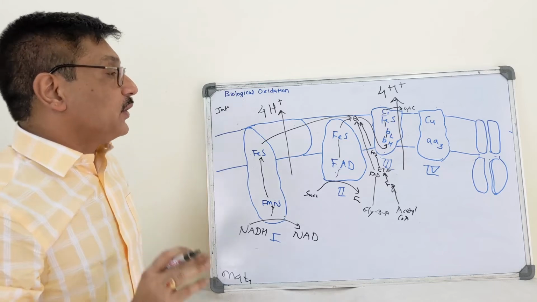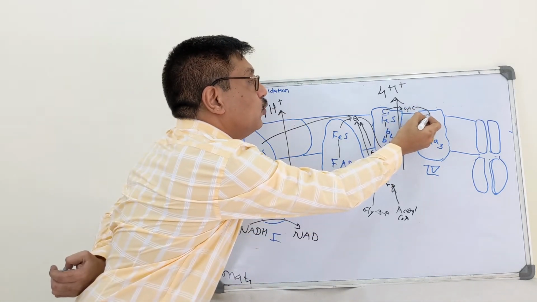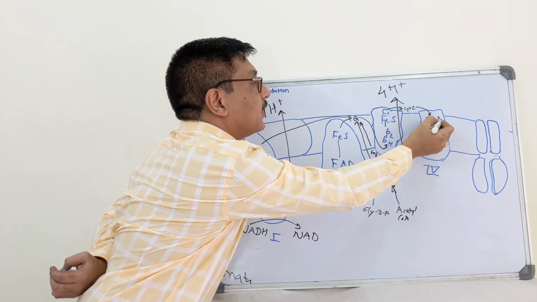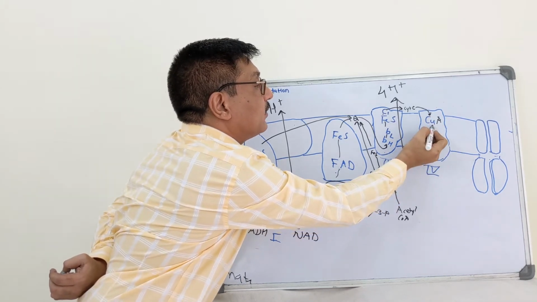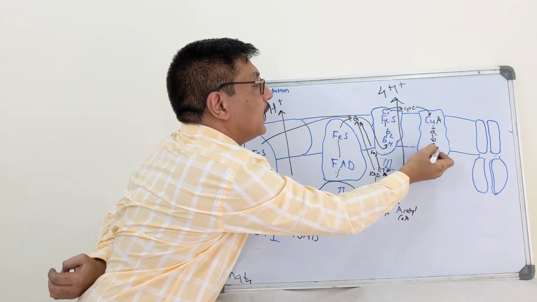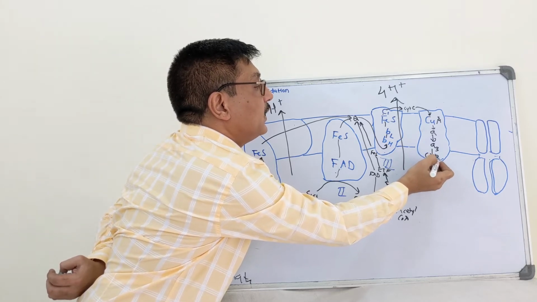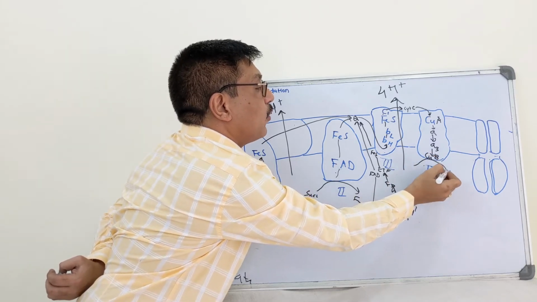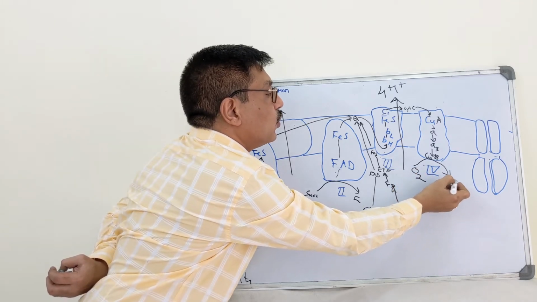Now from cytochrome C, electrons are transferred to first copper center, that is copper center A, then cytochrome A, then cytochrome A3, and then second copper center, that is copper center B, and final acceptor of electrons is oxygen, which is reduced to water molecule.